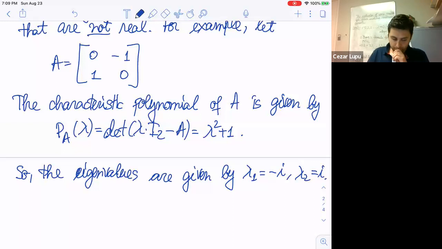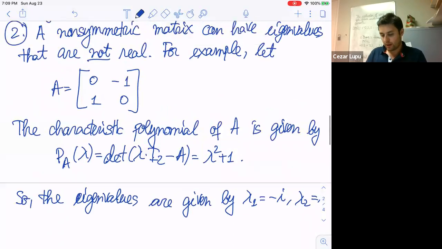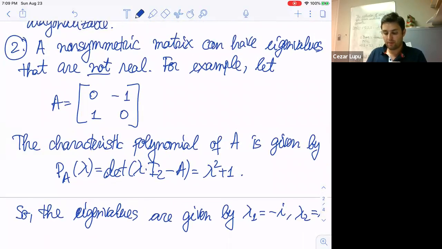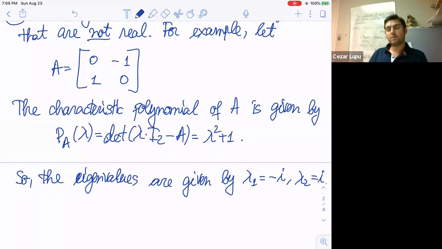So that's a very important fact: the eigenvalues of a non-symmetric matrix might not be real. You will see that the next theorem will tell us that all eigenvalues of a symmetric matrix are real.